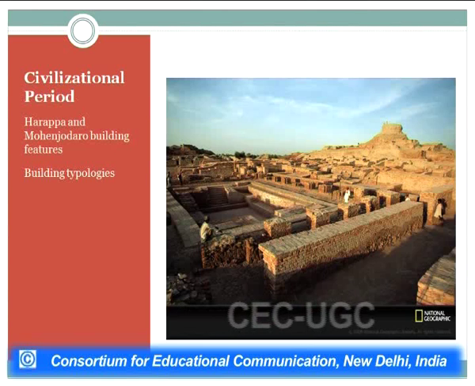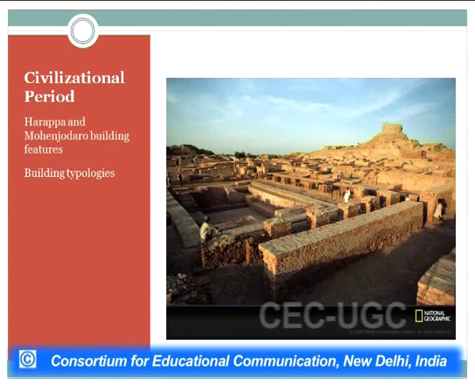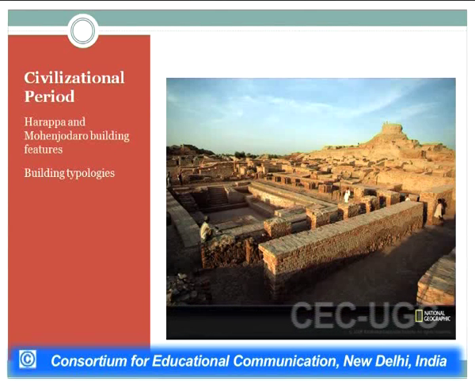The picture shows you the Great Bath, a public utility structure. Since it could have been used for public bathing with some ritual overtone that we don't know but can guess, the underlying bricks of this pool of water were made watertight by the use of bitumen and some other materials.